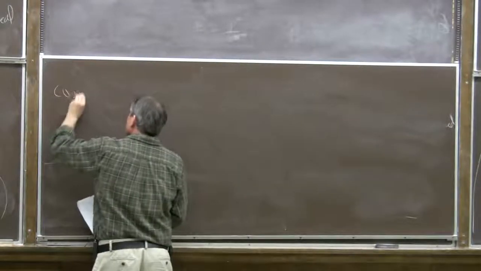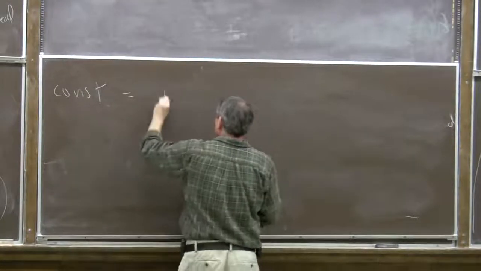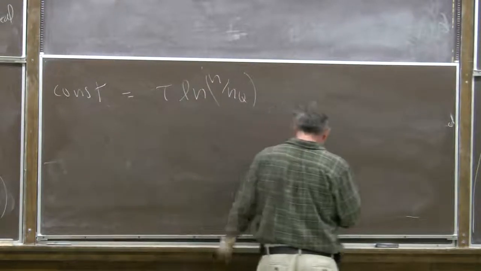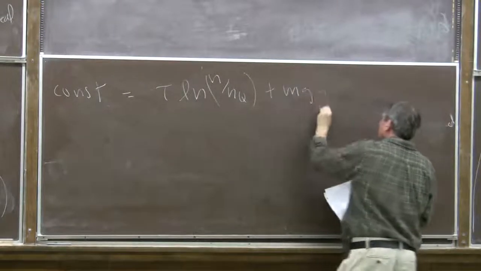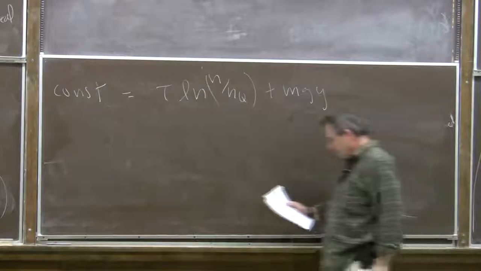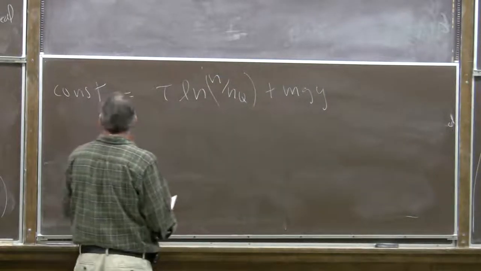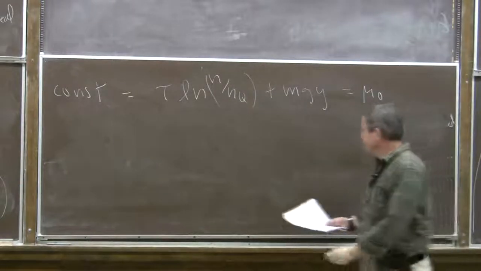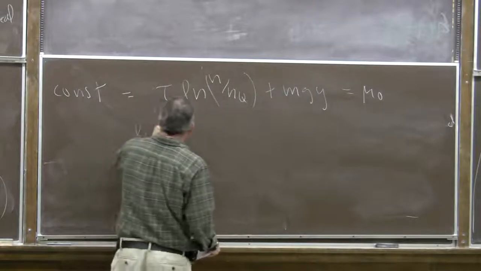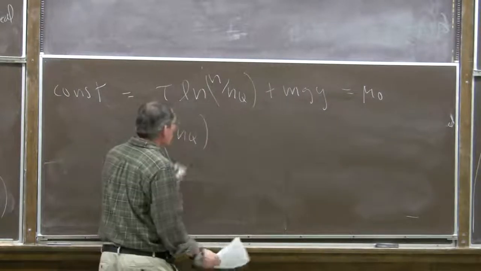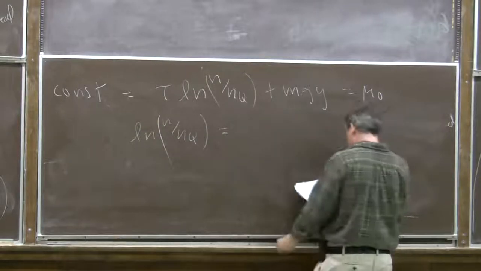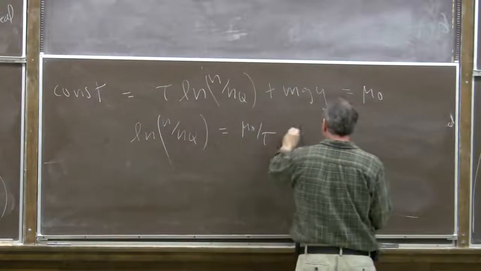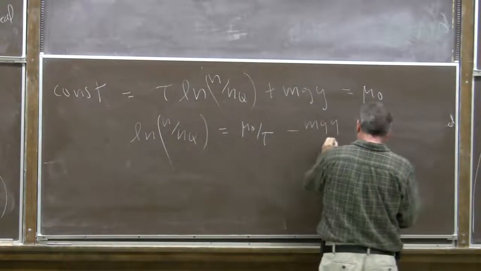So constant equals temperature times log concentration divided by quantum concentration plus mgy. So if I divide by tau, and I call this constant mu naught, that means the log of n over nq will be equal to mu naught divided by tau, which is still just a constant, since tau is a constant, minus mgy divided by tau.